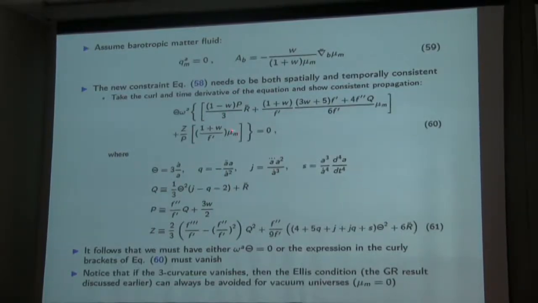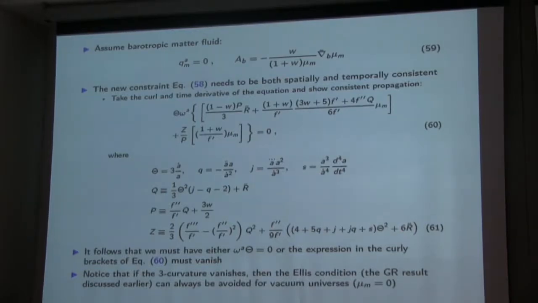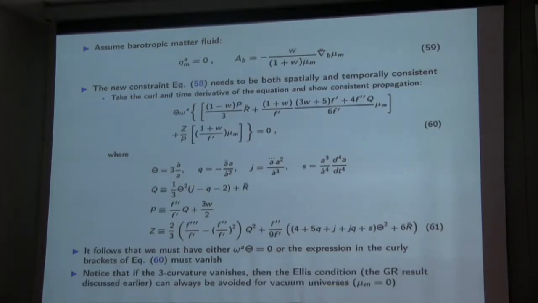And what this equation clearly tells us is that if this product of 3 terms, theta, omega, and this term in the curly brackets is to be 0, we either have to have at least one of them 0, or all of them. So it follows that we must have either this term here 0, or the term in curly brackets 0 for the field equations in modified gravity to propagate under the shear-free assumption.